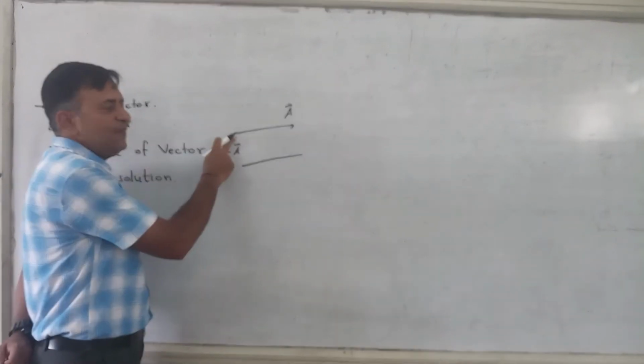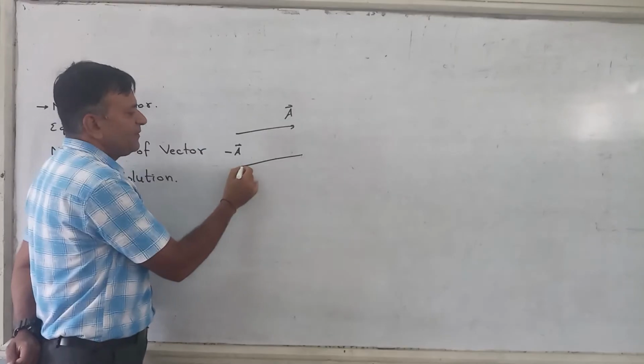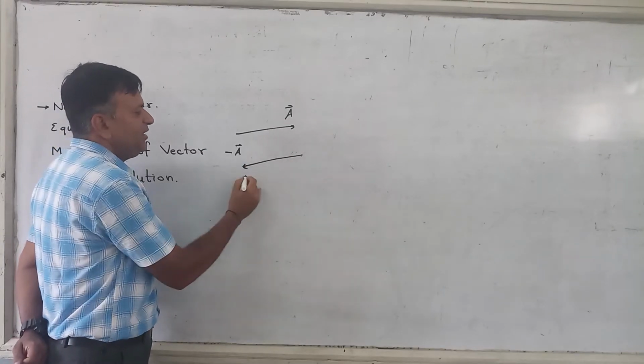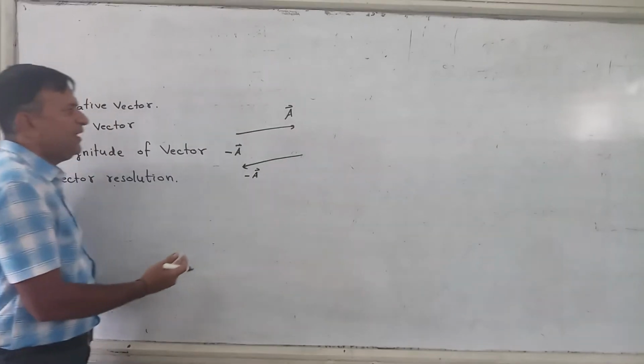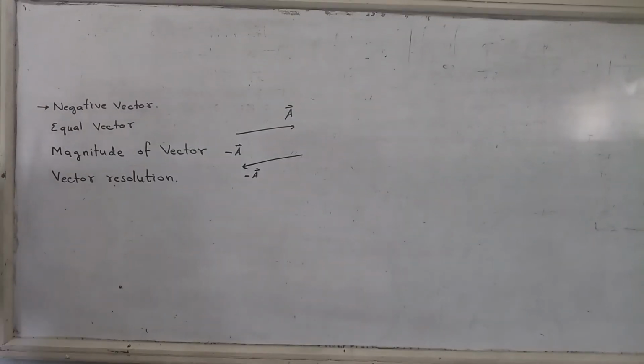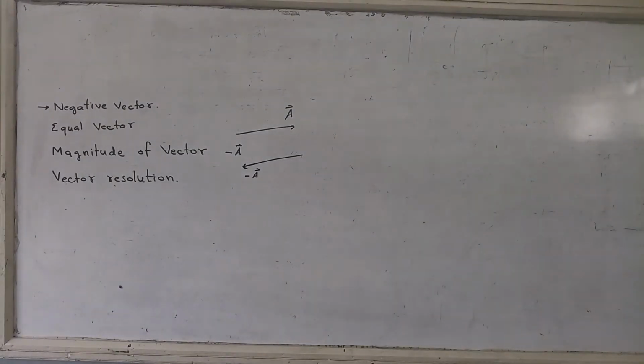This is initial position, this is final, this becomes final, this becomes initial, this is vector minus A. So negative of a vector is nothing but the same vector with opposite direction. A vector having same length, but the direction is changing by 180 degrees.